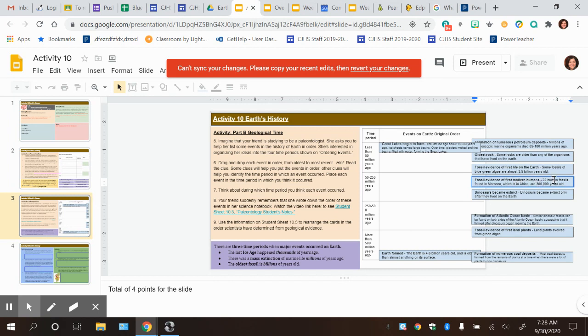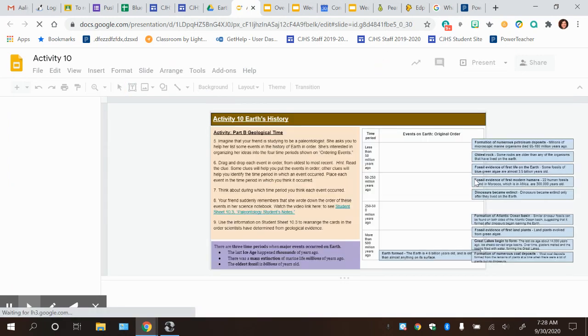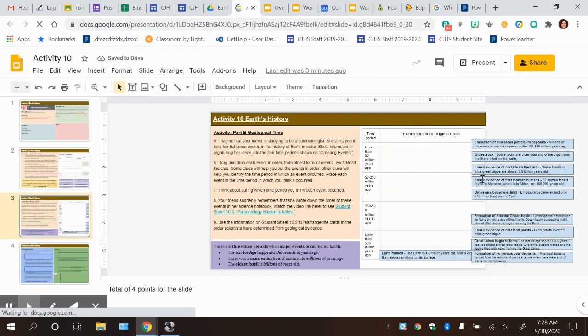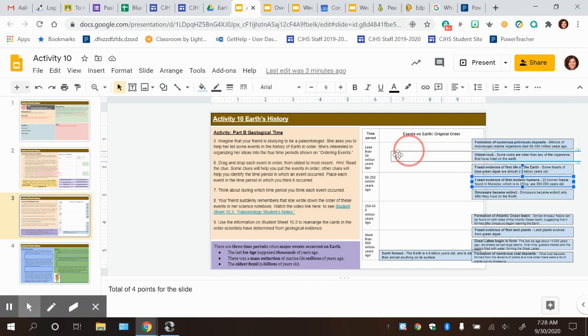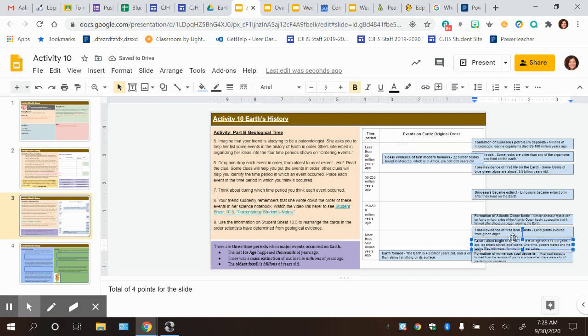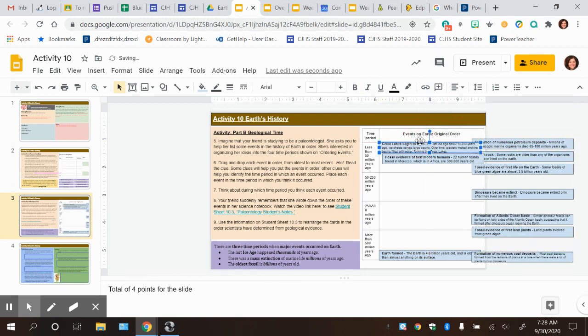Well, this is being a little silly right now. So, modern humans, 300,000 years ago, and Great Lakes forming 14,000 years ago.